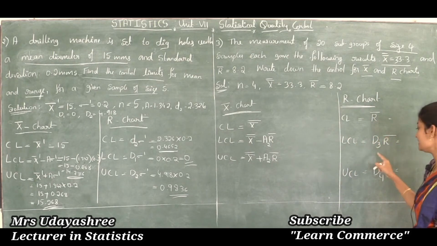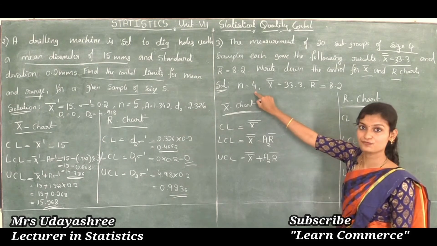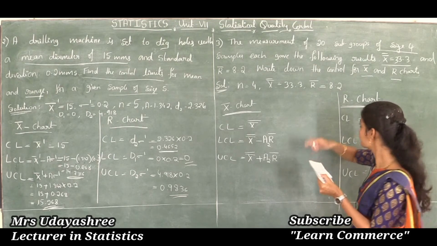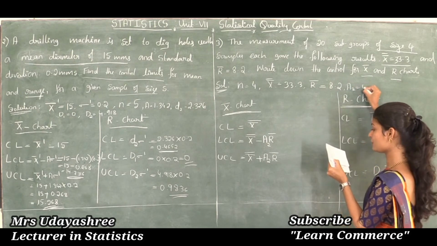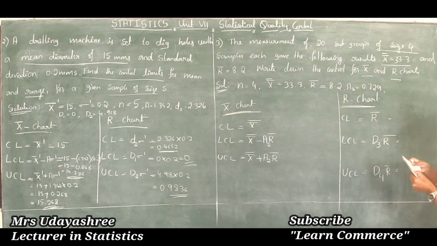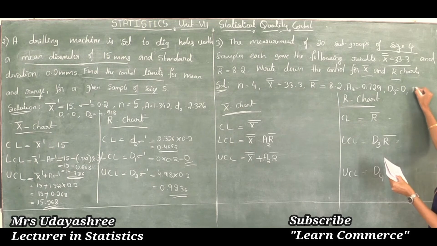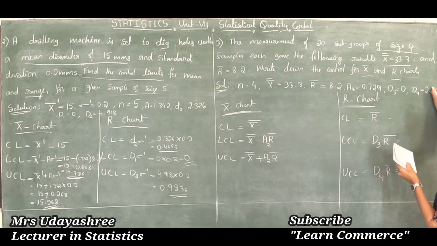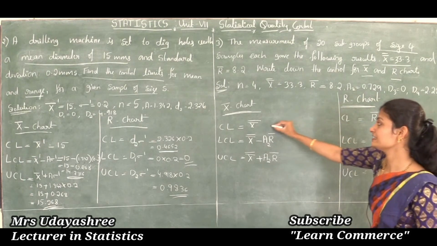A2, D3, D4 are table values. Here the sample size is 4. If the sample size is 4 then the A2 value is 0.729, the D3 value is 0, and the D4 value is 2.282. Okay, now I will substitute these values into the formulas.